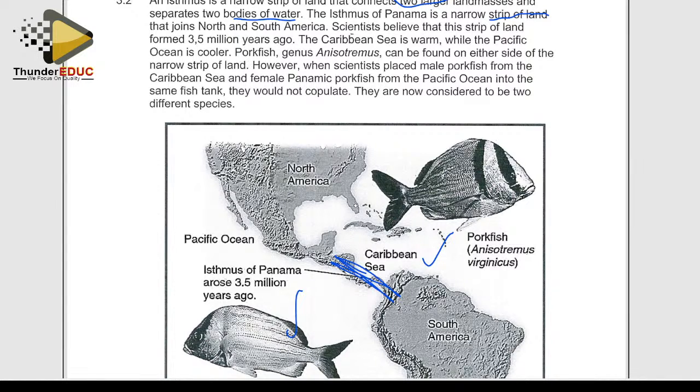Then they're saying porkfish. Muslims, do you eat this one? Porkfish. Maybe it looks like pork, or tastes like pork, I don't know. It can be found on either side of the narrow strip. However, when scientists placed the male porkfish from the Caribbean Sea and the female porkfish from the Pacific Ocean into the same fish tank, they would not cooperate.